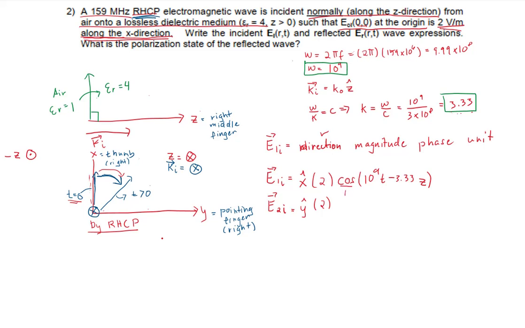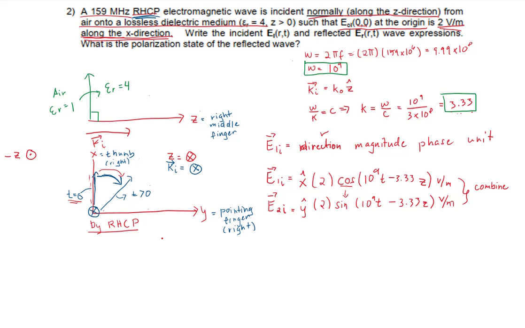Now cosine here, so that means 90 degrees out of phase is going to be sine. And then our omega again, minus 3.33 k, volts per meter.